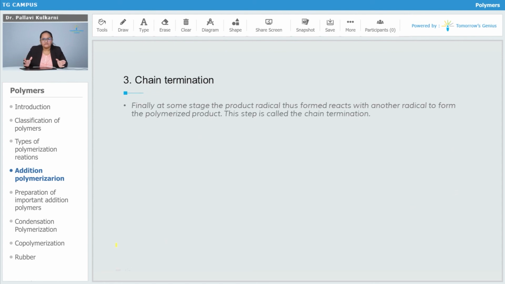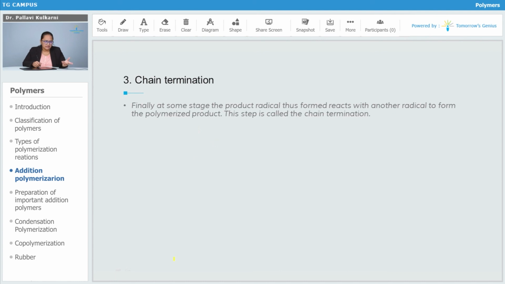But once we have the desired length or mass of a polymer, the chain propagation step should be stopped. That can be done in the chain termination step. In this step, we are going to stop the polymerization reaction, the addition reaction.